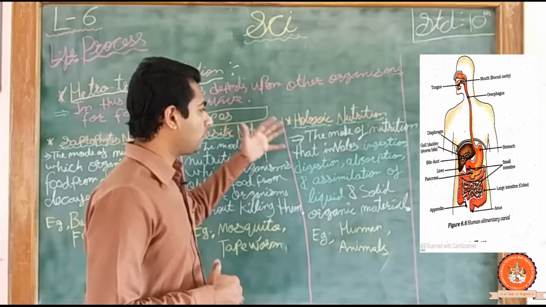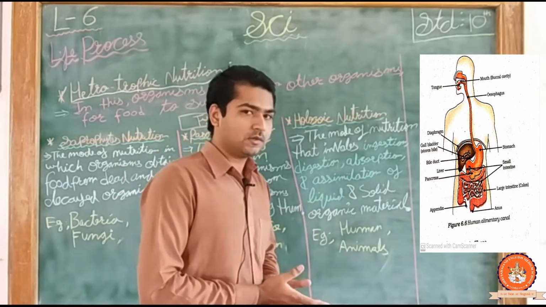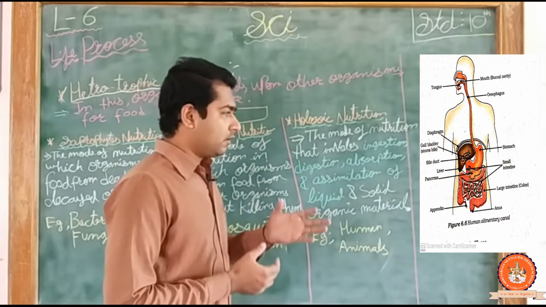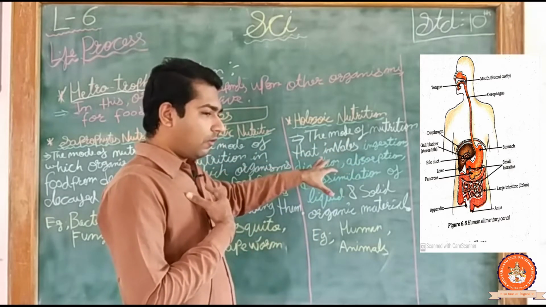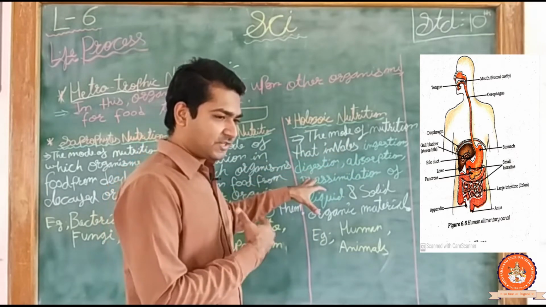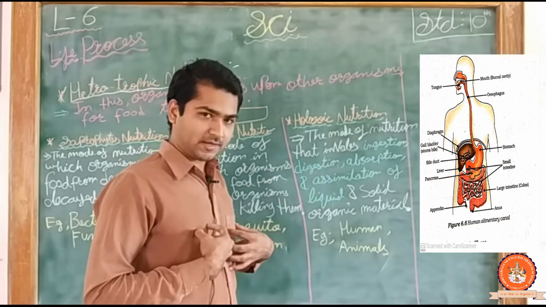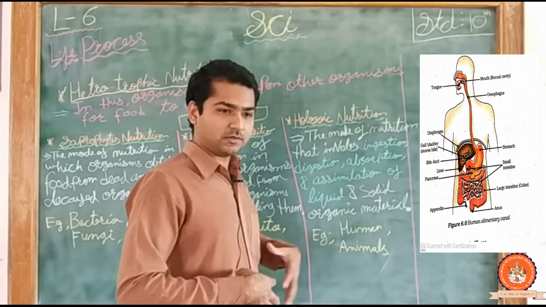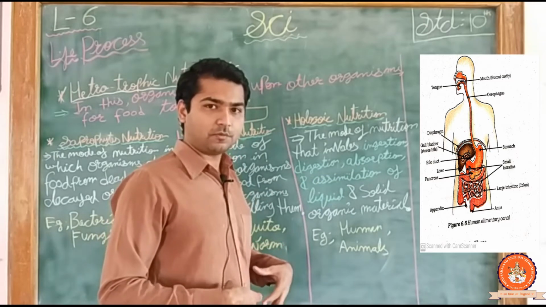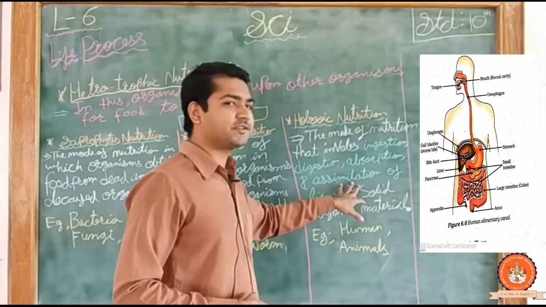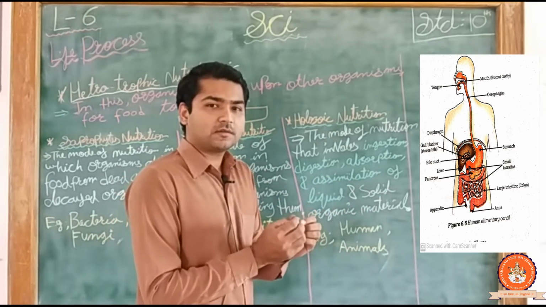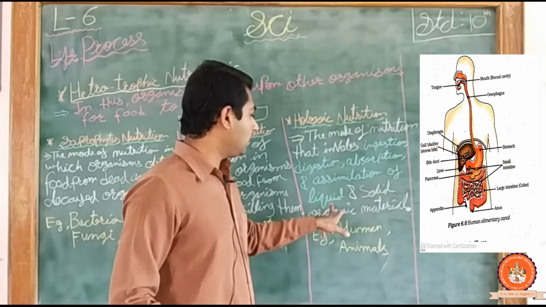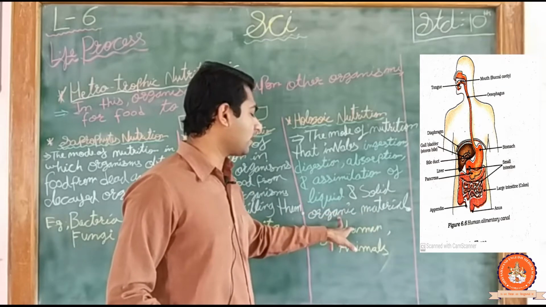When this holozoic nutrition occurs, ingestion means taking the food inside, then digestion, the mixing of that food, after that absorption, taking energy from that food, and assimilation, that means throwing the waste out, मतलब कचरा बाहर निकालना, of liquid or solid organic material.